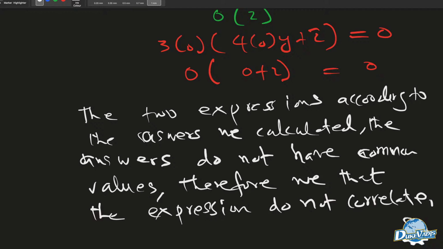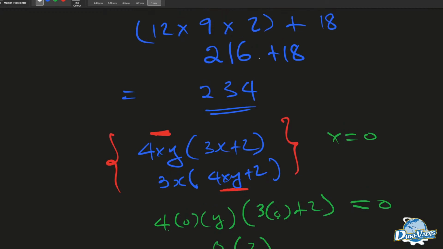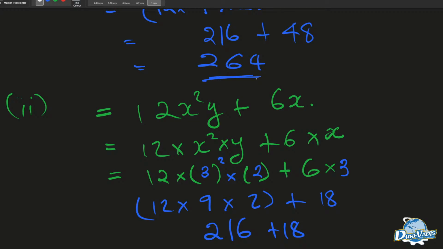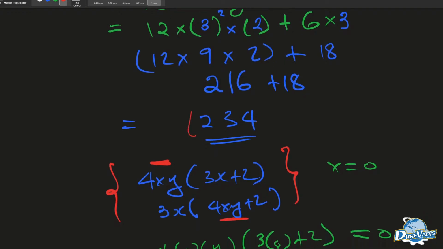Okay, so they don't have anything in common, because when we solved them, we had two different answers. The first one, we had 264, and the last one was 234. We don't have anything in common.